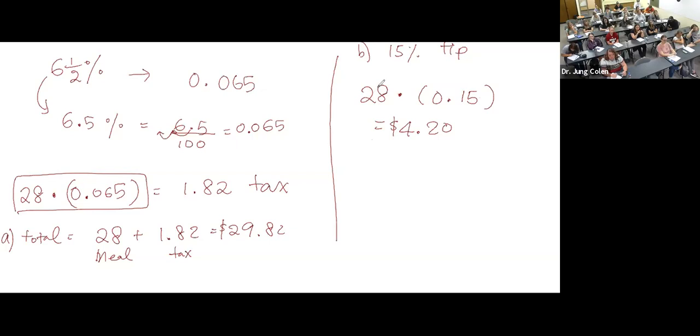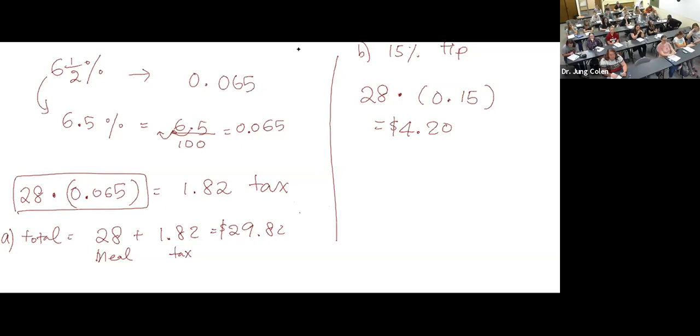So half of $2.80 is $1.40. We have $2.80 and $1.40 together, we get $4.20. So that's why you can do it mentally. So anyways, we found the 15% tip. That's how much she needs to pay.